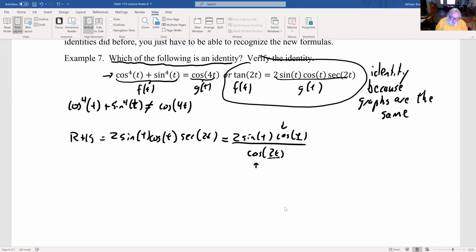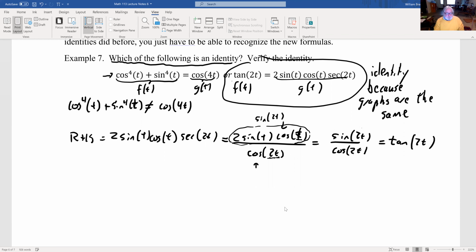This angle is twice that angle, so there's no cancellation there. But this part here, as we've noticed before, that's just sine of 2t. Now we've got the same angle, so this is just tangent of 2t because sine over cosine equals tangent. Great. But that equals the left-hand side. That's my tangent 2t. So that's the identity.